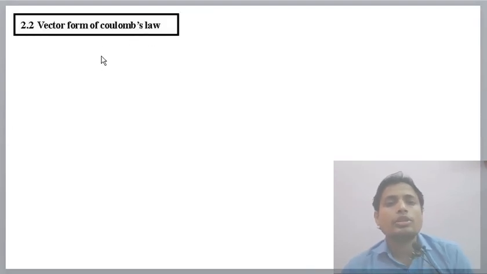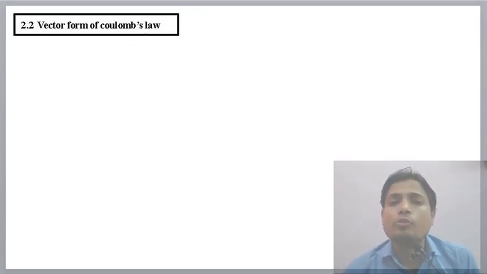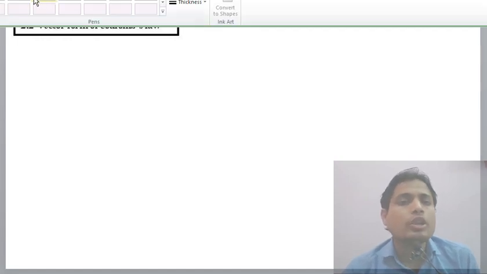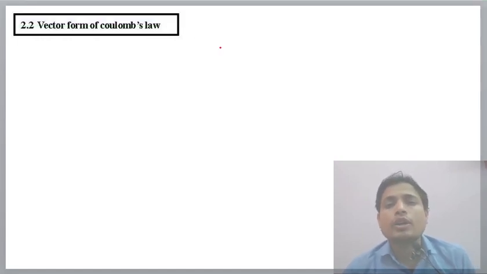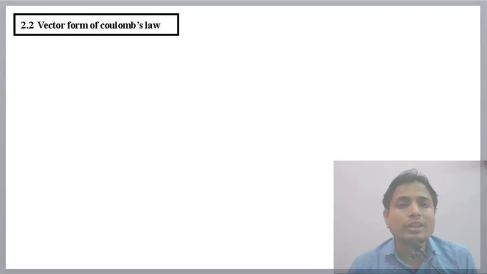Now there's one topic, vector form of the Coulomb's law. Actually Coulomb's law is about the force between the two charges, and you know force is a vector quantity, so we should know the vector form of the Coulomb's law. Okay, so I am drawing the diagram.